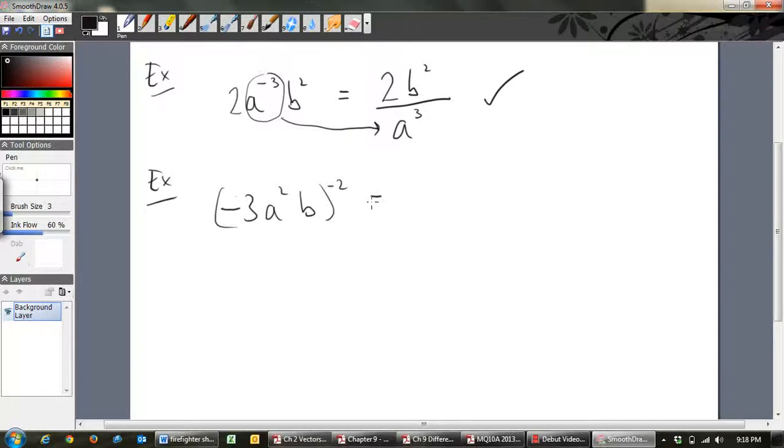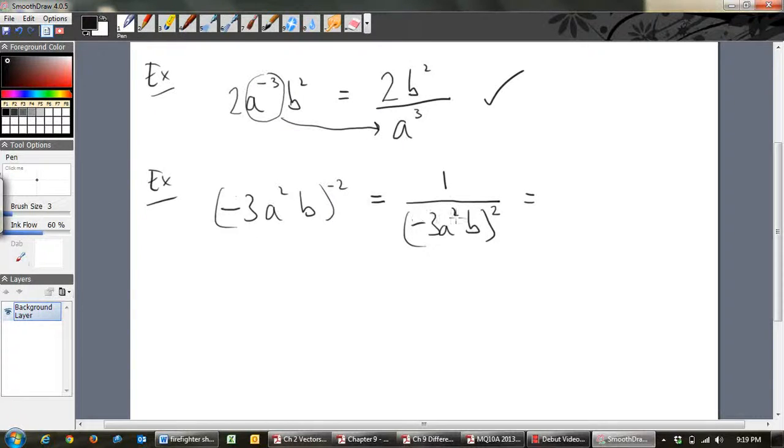I'll just do it this way because we're talking about powers. What does this negative do? It forces it to the bottom line. So this whole thing, negative 3a squared b, will go to the bottom line with a squared there. So that negative 2 becomes a positive 2, but it's gone to the bottom line. It's flipped it upside down.